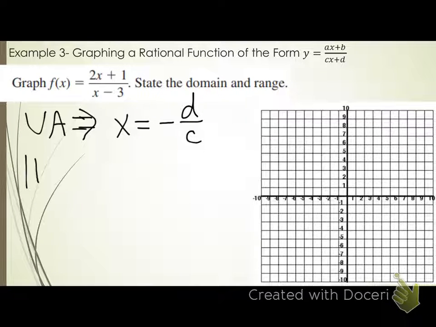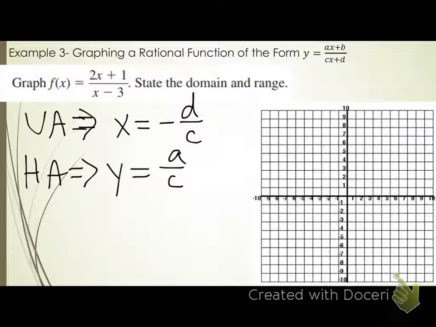The horizontal asymptote is the line y equals a over c. So you need to have those written down. Vertical asymptote is the line x equals negative d over c. Horizontal asymptote is the line y equals a over c.